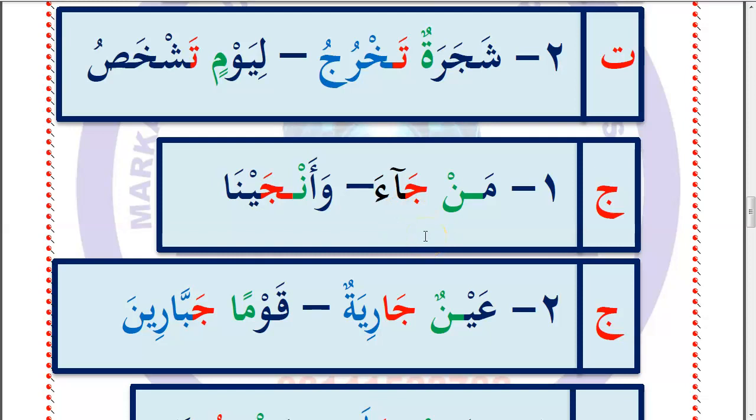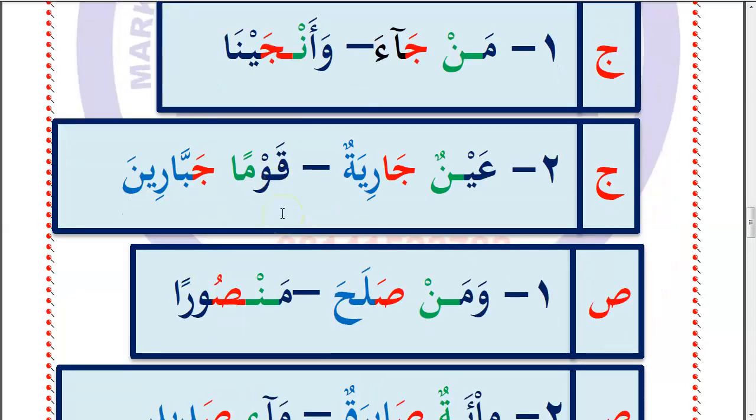Man jaa. Okay, here is jimun again appearing after nun sakina. Wa anjayna. The rule of this nun sakina is ikhfaa because of the appearance of jimun after it.